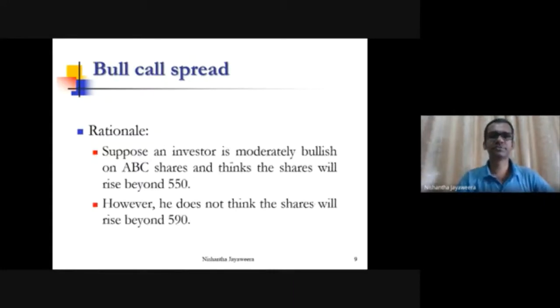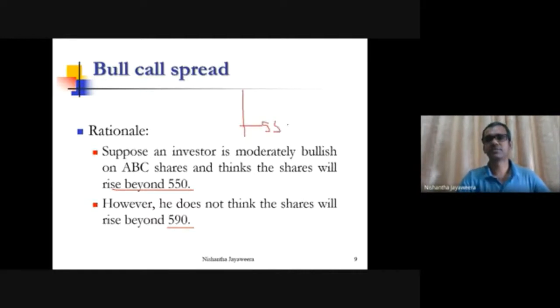So assume investor is moderately bullish on ABC shares and thinks the shares will rise beyond 550. Investor thinks the price will go up beyond 550, but not beyond 590.